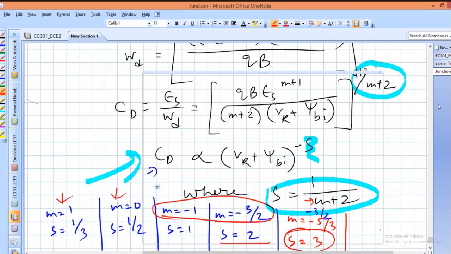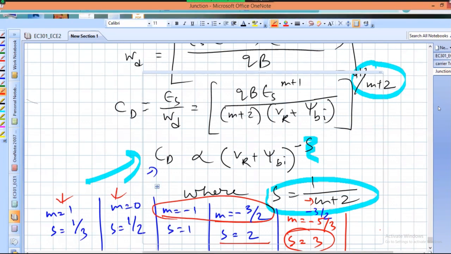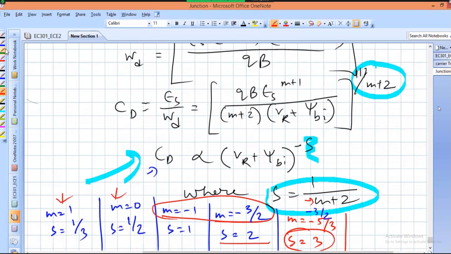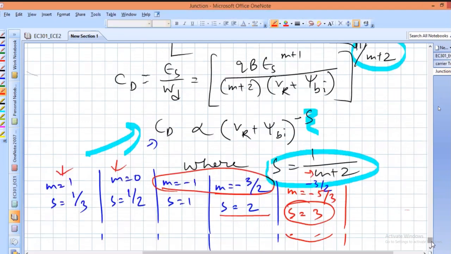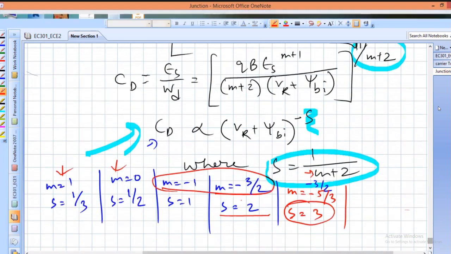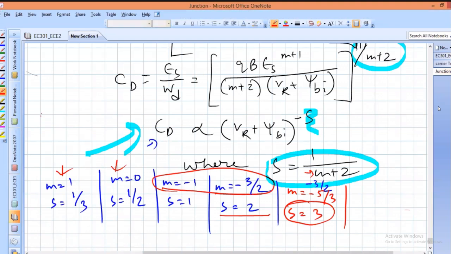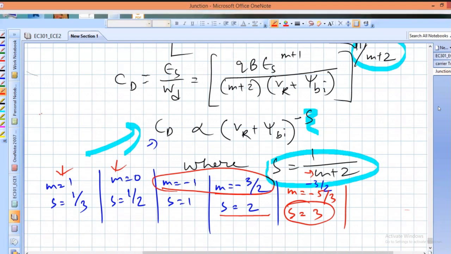Sensitivity you can calculate. What is the time? Almost close. Okay, I'm just doing the sensitivity here. The sensitivity can be defined, which is the characterizing parameter for a Varactor diode, by considering differentiation of the capacitance with respect to VR.